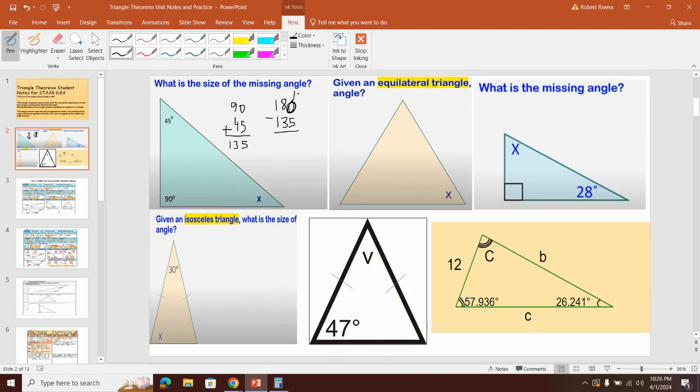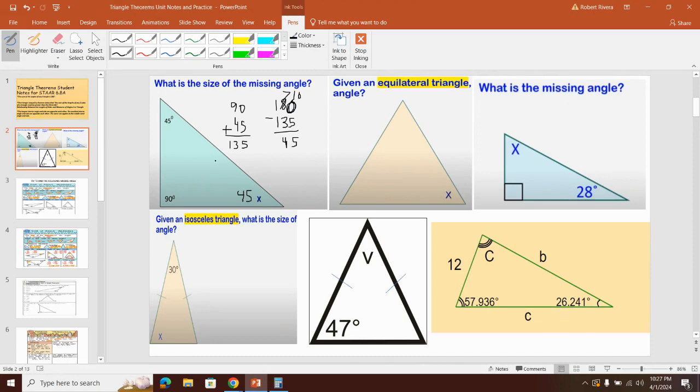So this becomes 10. I'm going to regroup. 10 minus 5 would be 5. 7 minus 3 would be 4. So now I know that x has to equal 45. It can't go over or under 180. It has to be exactly 180.